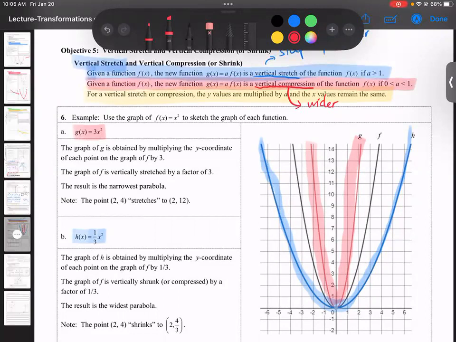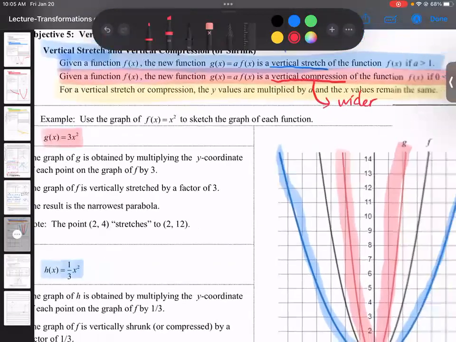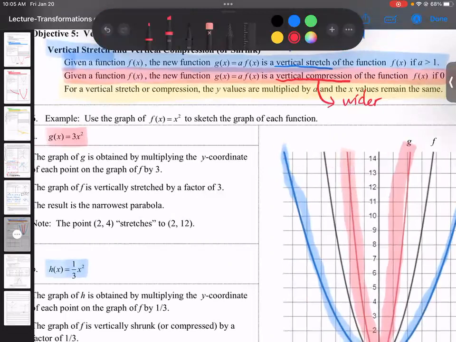They're talking about the y value, how fast it goes, right? For vertical stretch or compression, the y value is multiplied by a, so it grows faster by a units. But the overall range does not change. Within each point, this will grow 3 times faster compared to the black one, and this will grow 3 times slower compared to the black one.